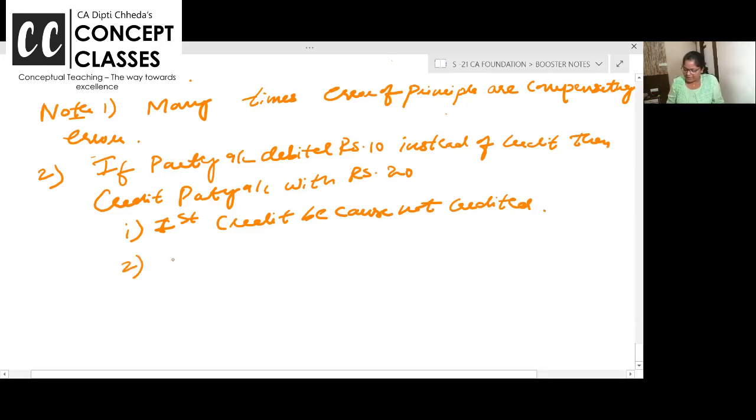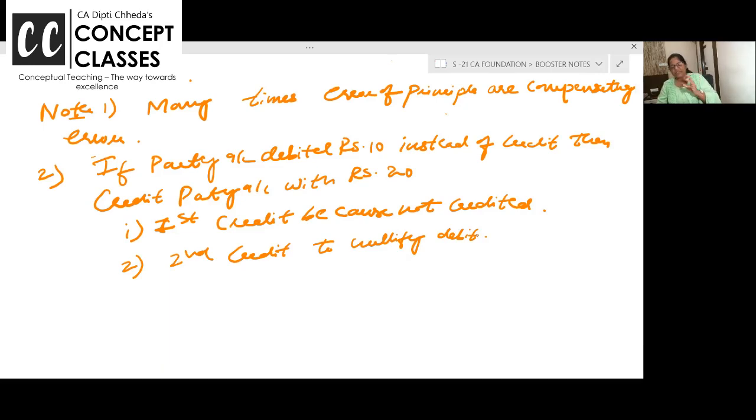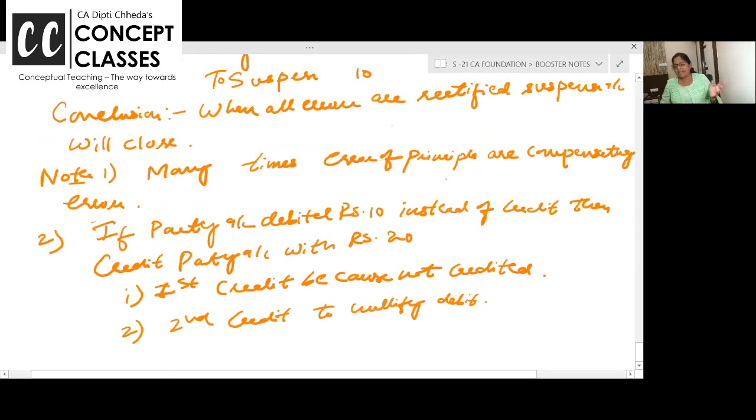And second credit to nullify the debit. First credit because not credited. Second credit to nullify the debit. Okay? All clear to all of you, booster notes ready to go.